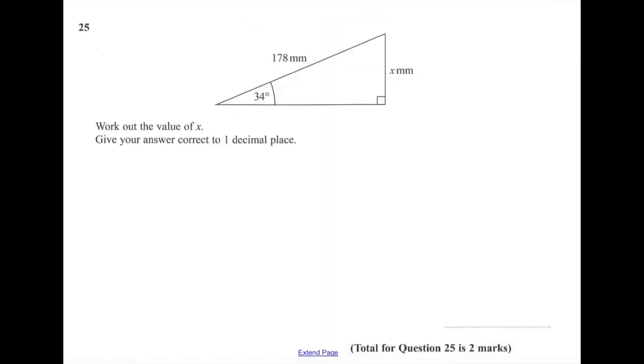Question 25. Work out the value of x. Give your answer correct to 1 decimal place. To calculate the value of x, we're going to use trigonometry. First thing we're going to do is label the sides of the right-angled triangle to decide what trigonometry function we are going to use. Now the side opposite the angle given to us is known as the opposite.